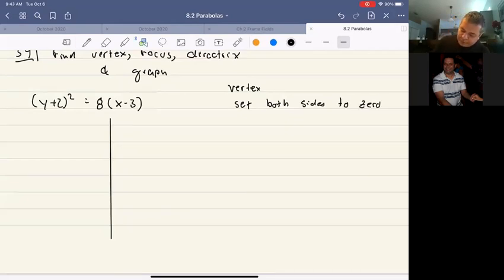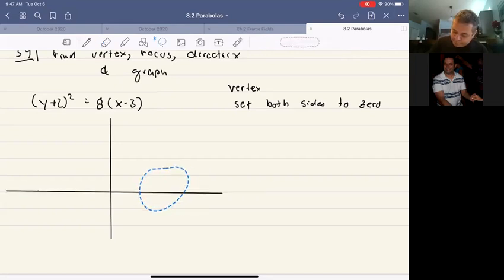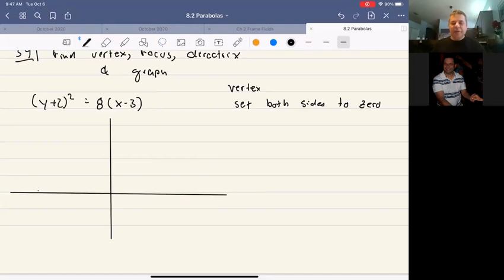If we set both sides to 0, we get negative 2 for y, and x equals 3.